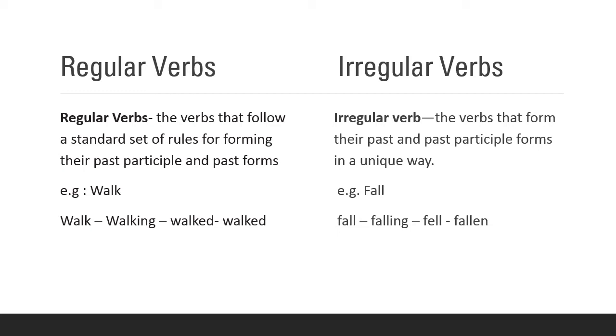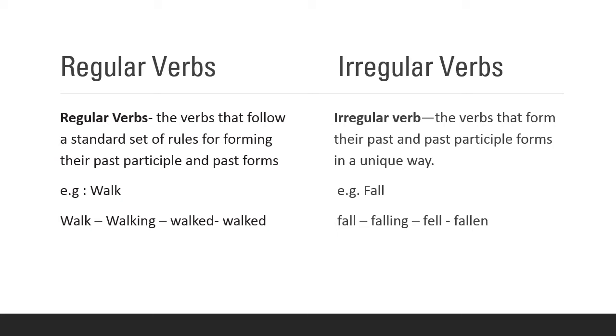Whereas irregular verbs are those verbs that form their past and past participle forms in a unique way. For example, let's take the verb fall. The present tense of the verb fall is fall. Its present participle is similar to that of a regular verb, falling.